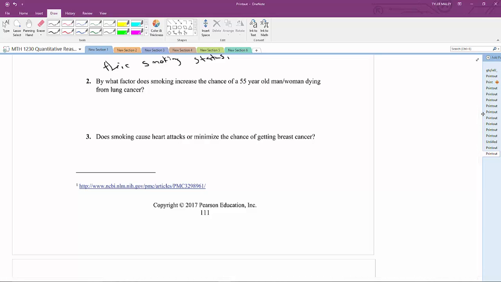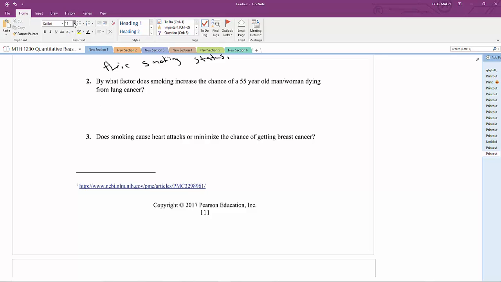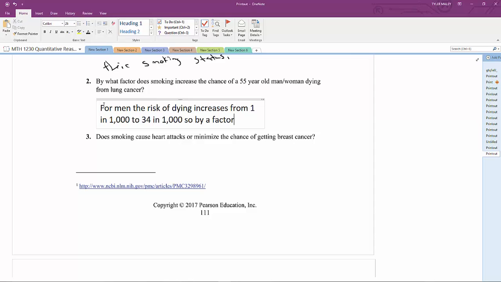So we could come down here and say something to this effect. Let me make sure we have some large font. So we could say for men, the risk of dying increases from 1 in 1,000 to 34 in 1,000, so by a factor of 34.